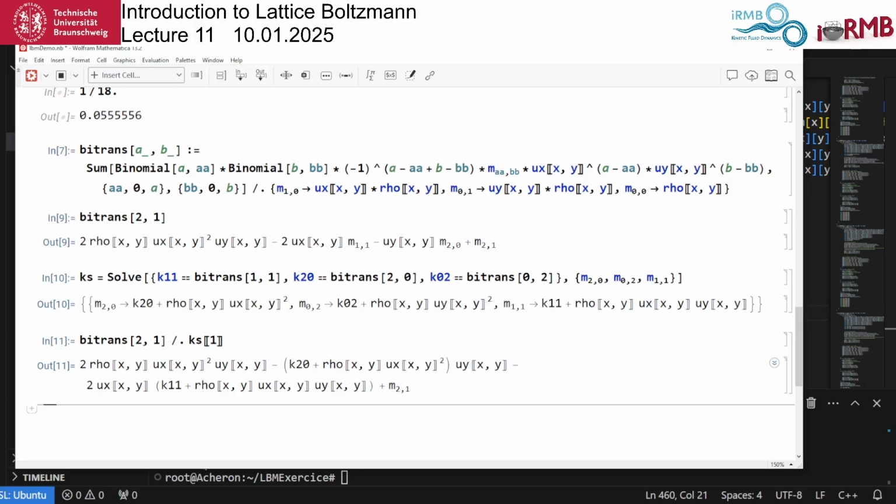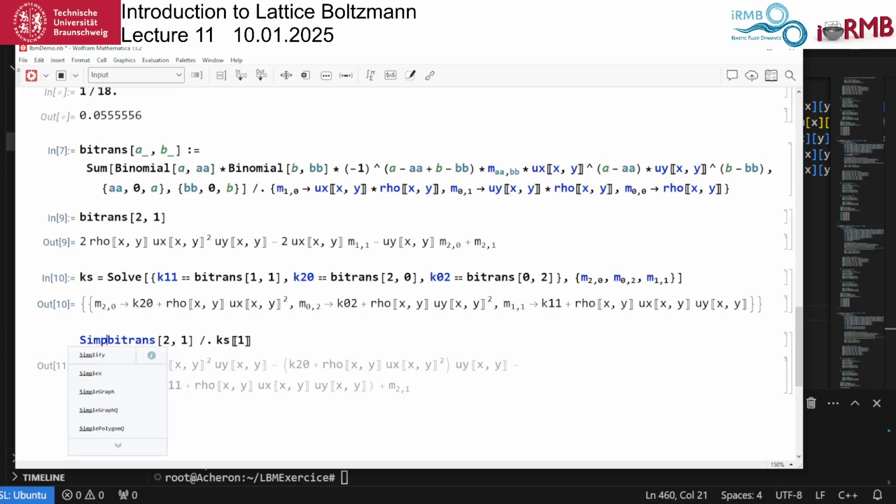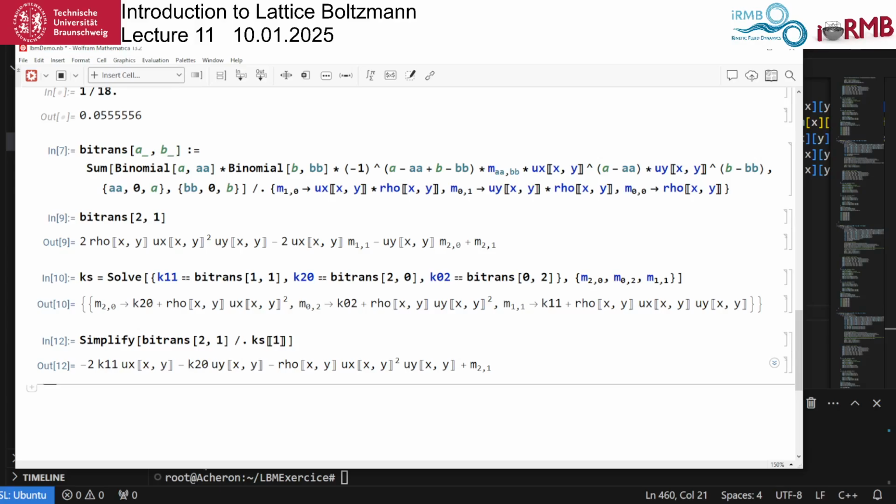So unfortunately we cannot plug this directly in. It's getting a little bit longer, but let's see whether we get it a little shorter. In C++ we cannot easily use this square.